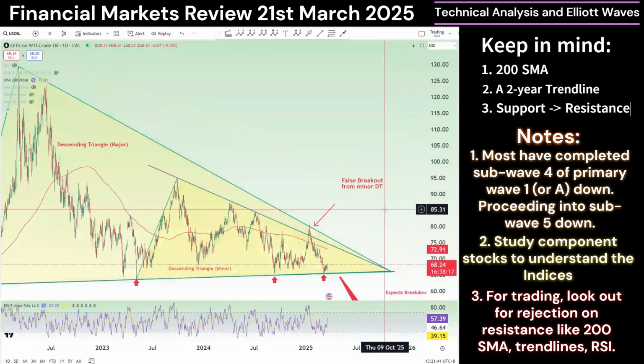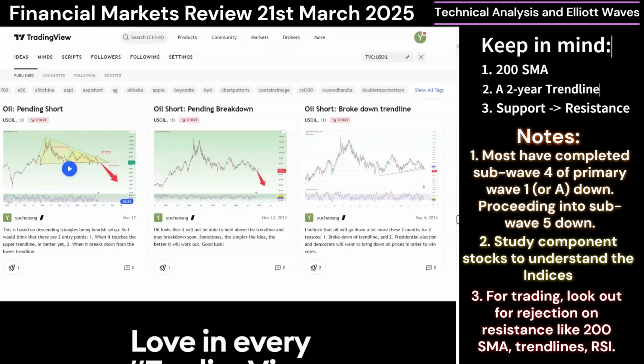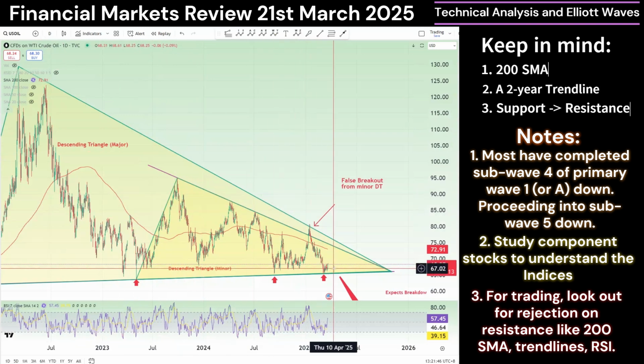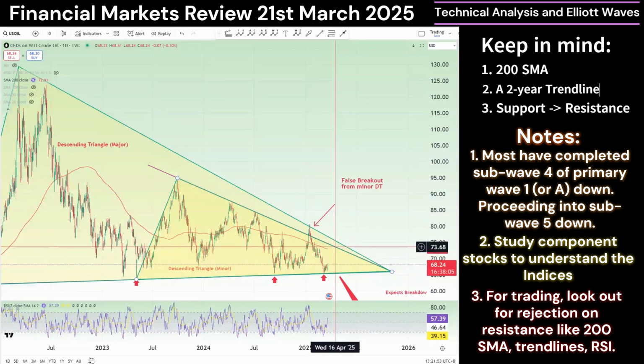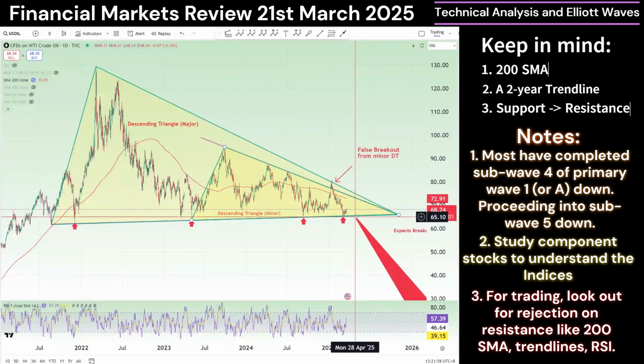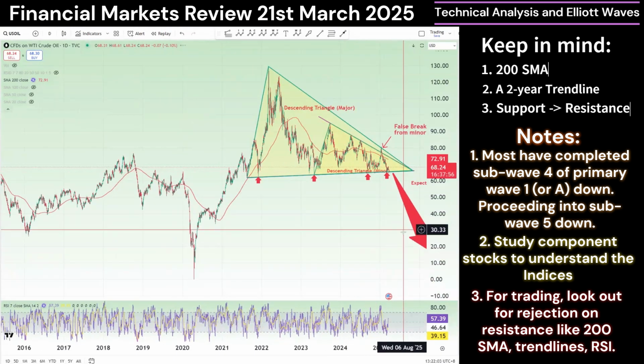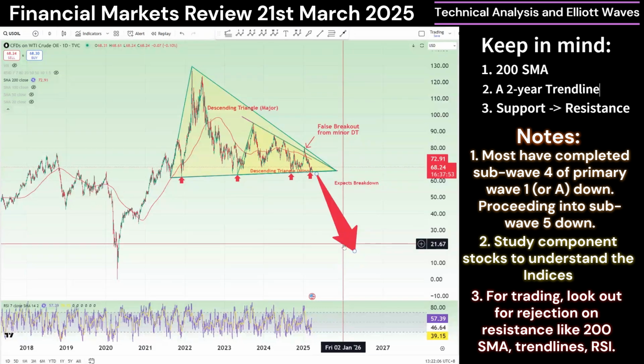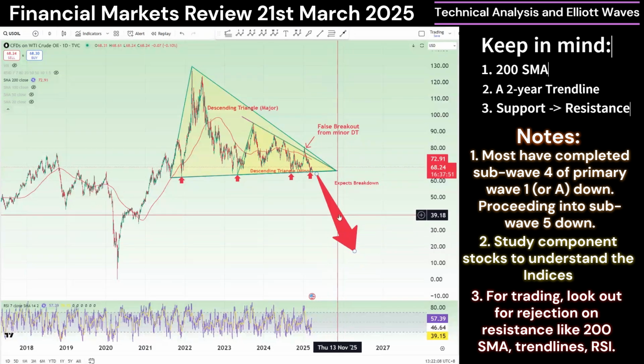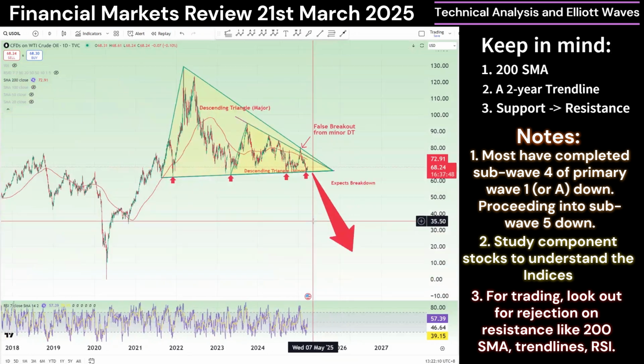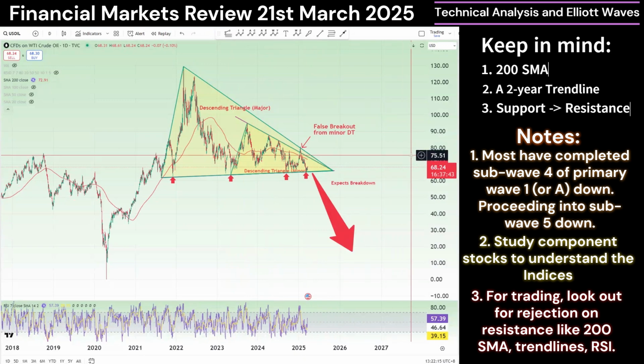You can look at the actual analysis over here, but the short will come when it hits the top. That's your first entry, or a potential first entry if you move up. But the main one will be when it breaks down from this trend line, right? When it breaks down from a descending triangle, then it should move down. But then we need to wait for the event to happen, and not try to front run the chart setup.